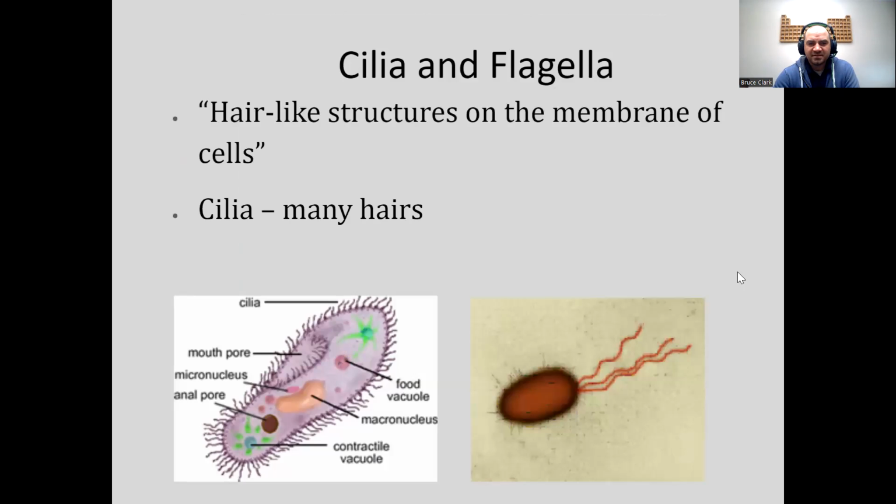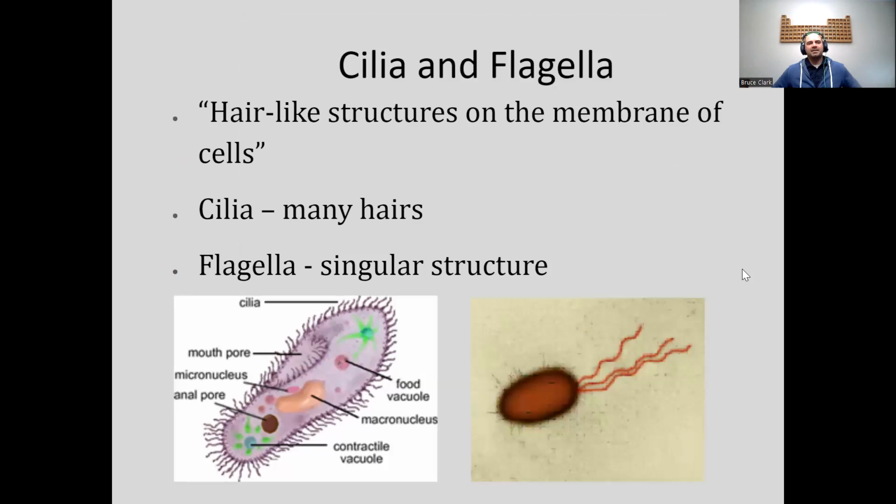Next up, we have cilia and flagella. Whoops, just going too fast today. These are external structures on cells, and they are kind of, like I said, covering the outside. So these are the hair-like structures on the membranes of cells. Cilia, like on the lower left, is when there are many hairs. Okay, that's a paramecium. It's a little single-celled organism that you'd see swimming around in pond water.